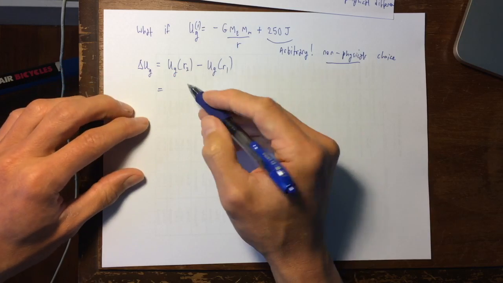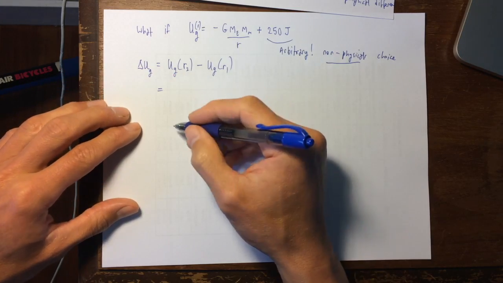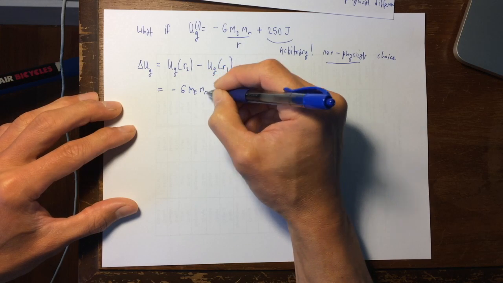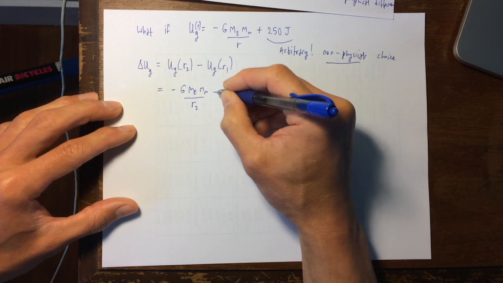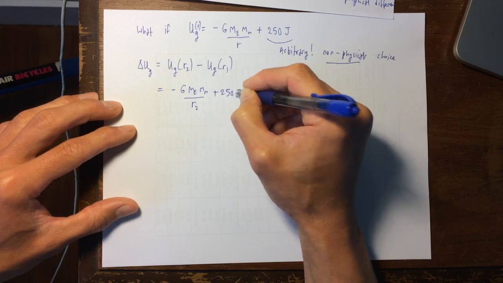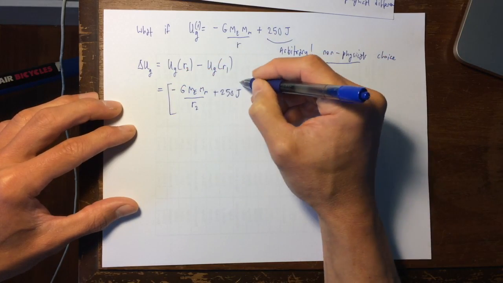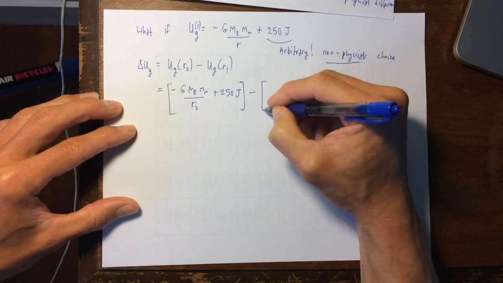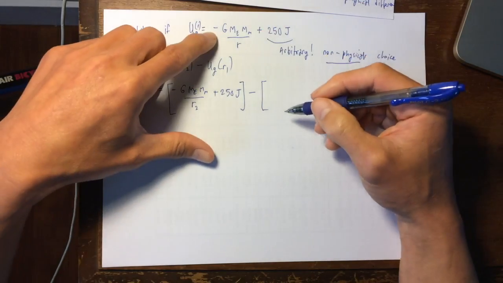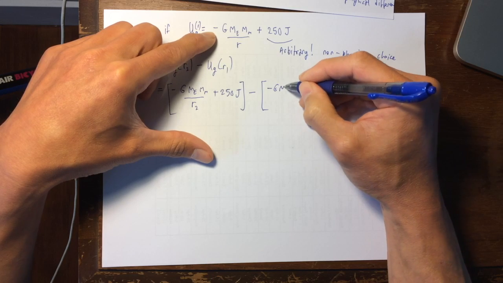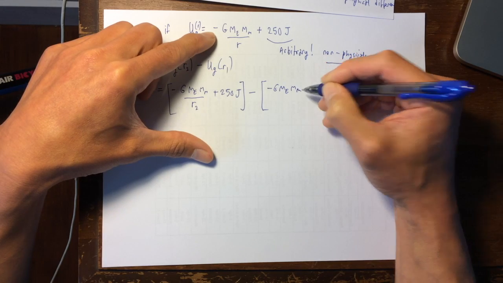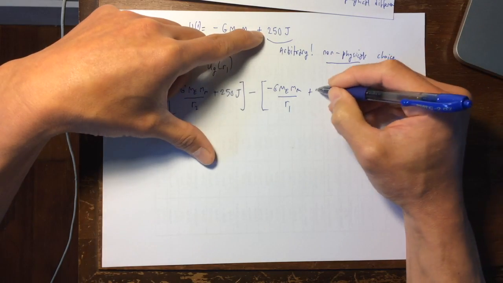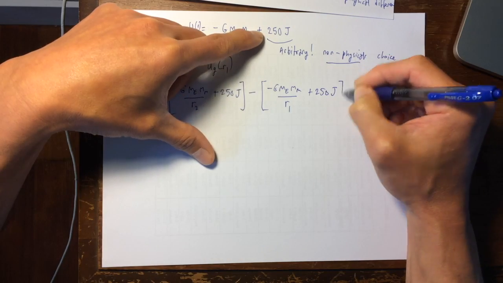So U sub G at R2, I just go fill in for R2. It goes minus G, mass of the Earth, mass of the Moon, divided by R2 plus 250 joules. That's at R2, and I'm going to subtract the value at R1. The value at R1 is minus G, mass of Earth, mass of Moon, divided by R1, also plus 250 joules.